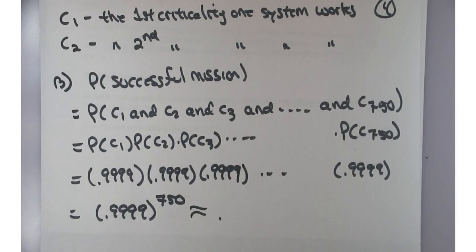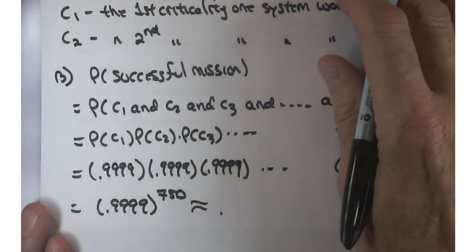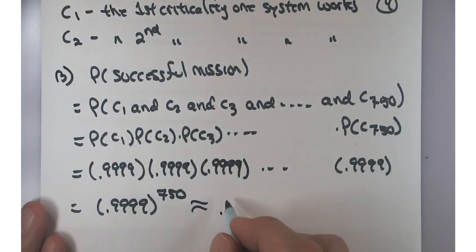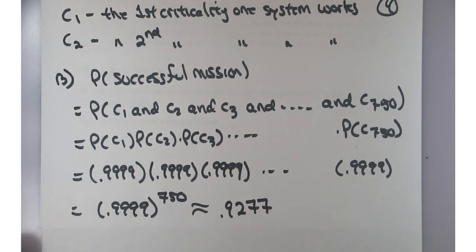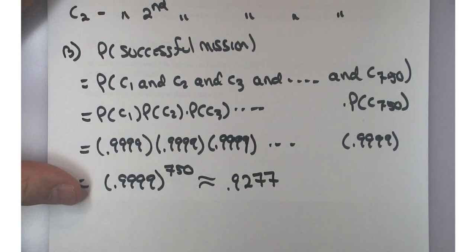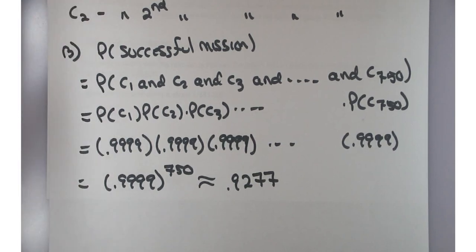What are you getting? Should be about 0.9277. Okay, so that's the probability of a successful mission.